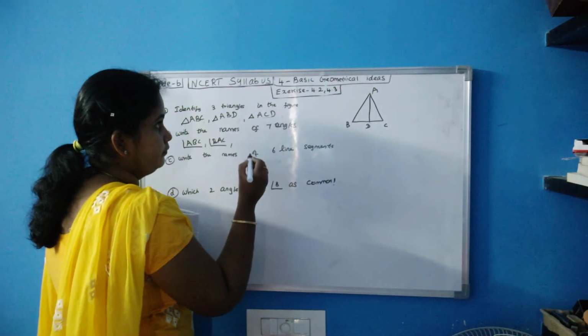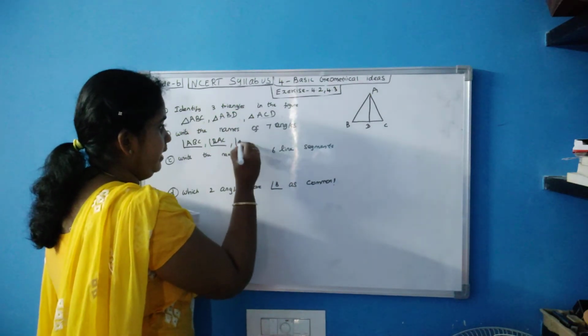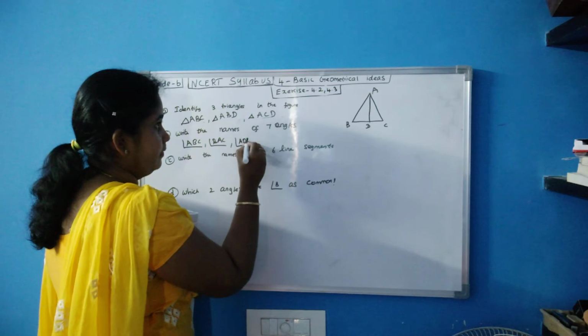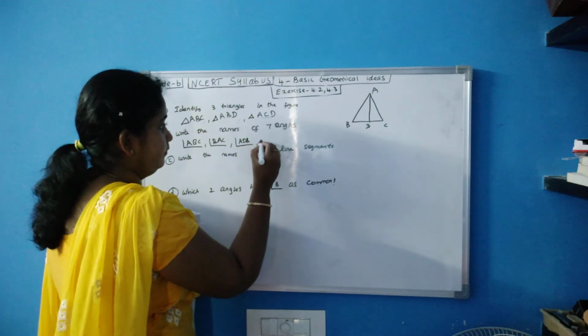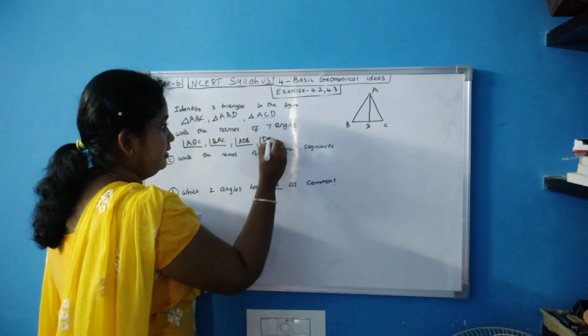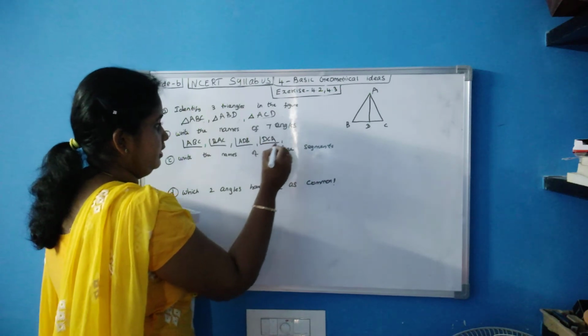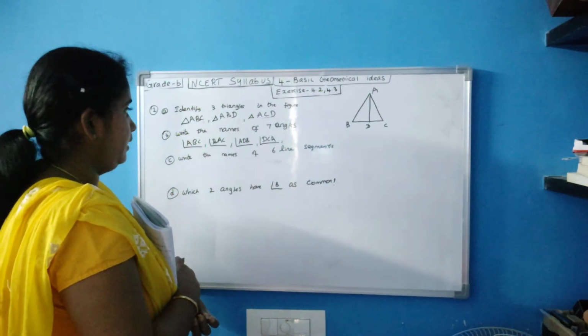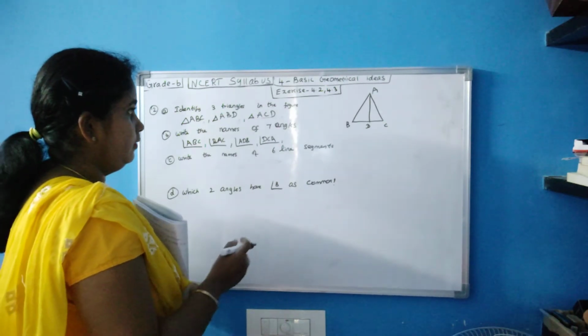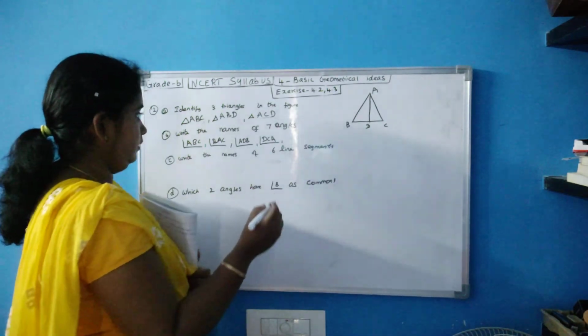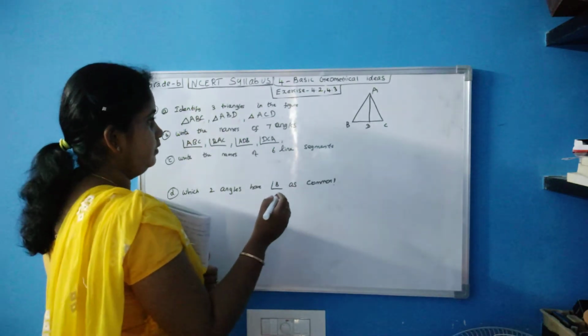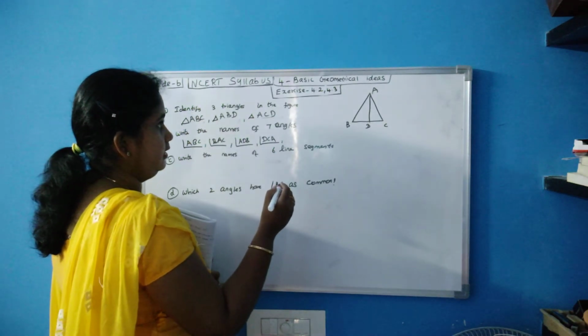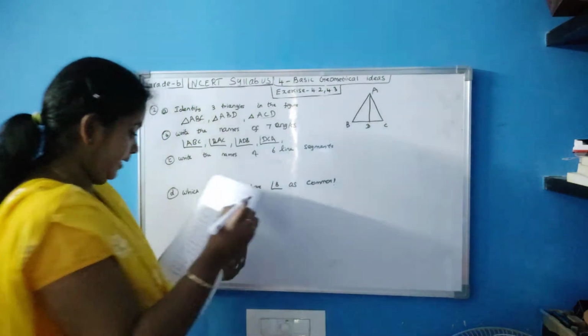Then A, D, D. D is your angle here. D, C, A. C is your angle here. Now BAC over. Then what else? What else, children?